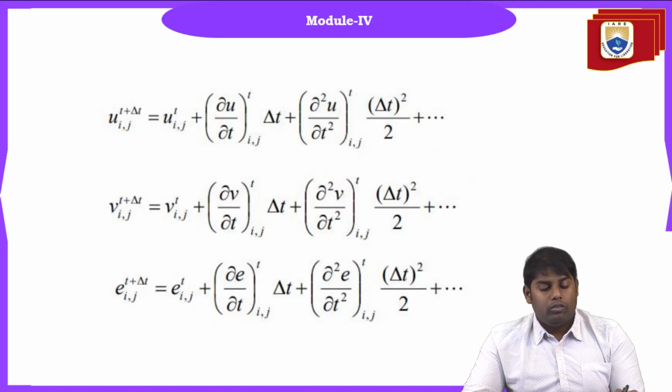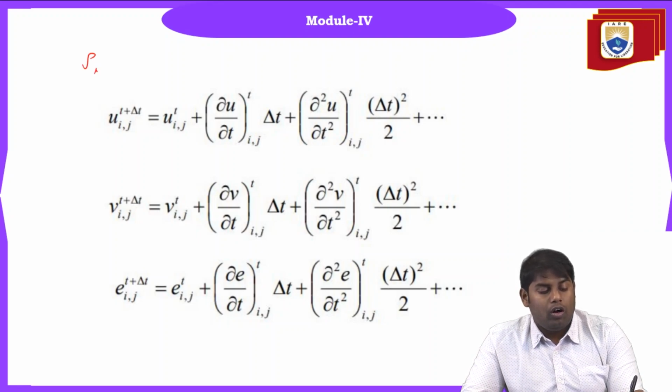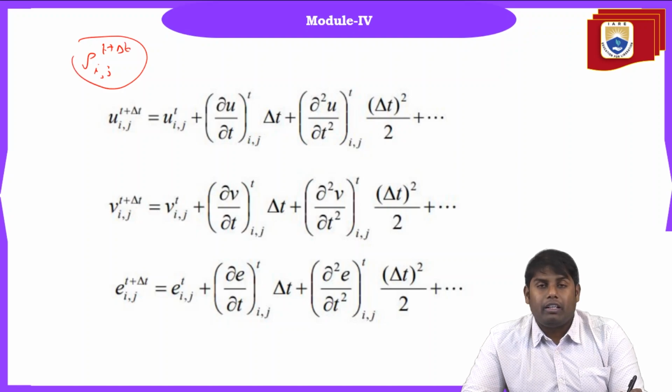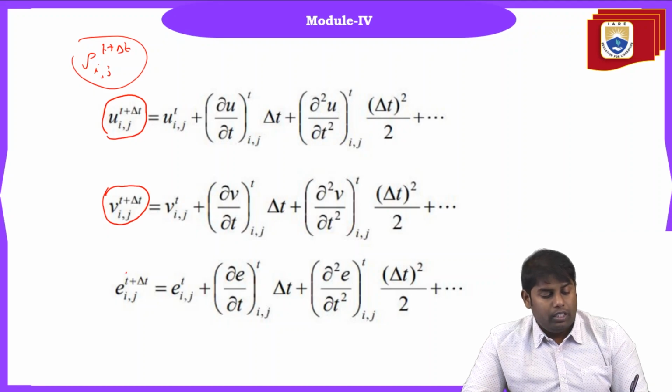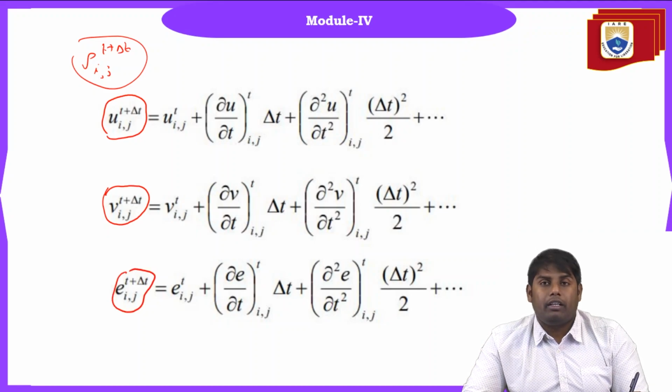Now the procedure we have seen for only the row of i comma j at t plus delta t, we have to do the same procedure repeatedly for u of i comma j at t plus delta t, v of i comma j at t plus delta t, e of i comma j at t plus delta t.